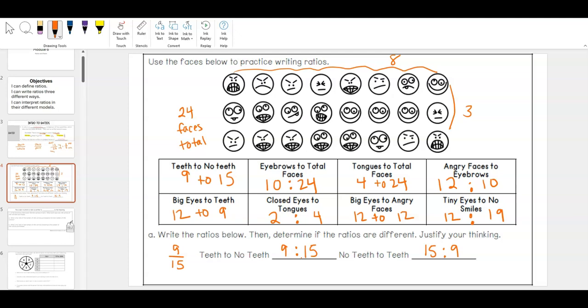And we know, just like fractions, that 9 over 15 is not the same as 15 over 9. These ratios, these comparisons are not the same. So order really matters. If you mix them up or reverse them, it is wrong. All right, let's continue practicing.